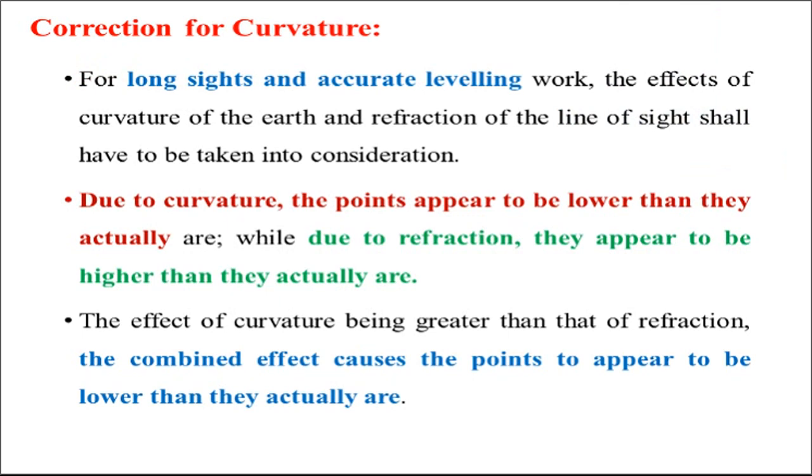For long sights and accurate leveling work, the effect of curvature of the earth and refraction of the line of sight shall have to be taken into consideration. Due to curvature, the points appear to be lower than they actually are, while due to refraction, they appear to be higher than they actually are, and hence we have to consider the curvature error and the refraction error.